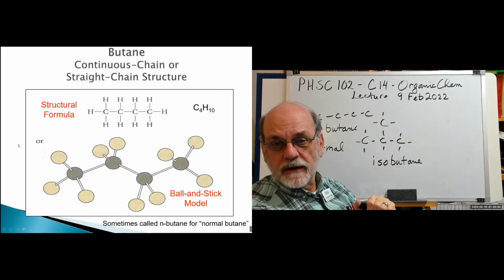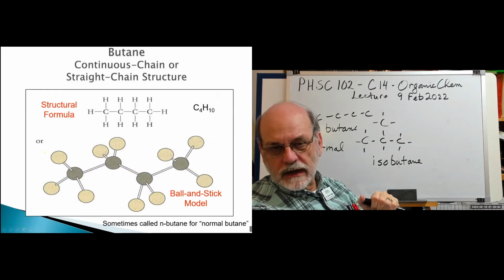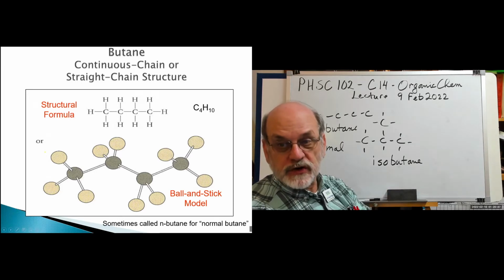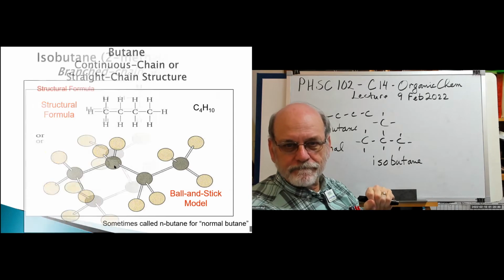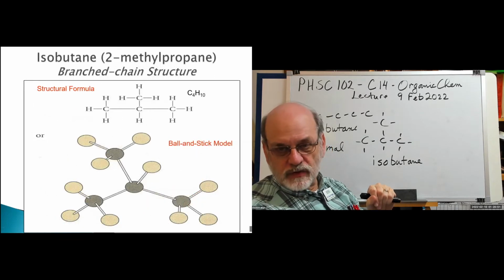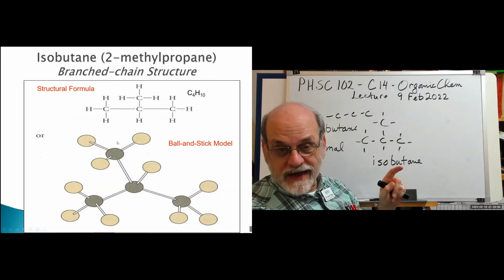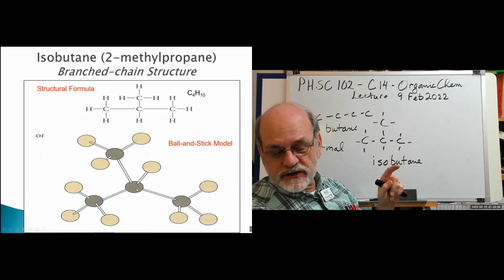Okay, so here's the ball and stick for normal butane or just butane. This is our isobutane, right? Like I drew it here, right? So this methyl group is attached to that carbon.